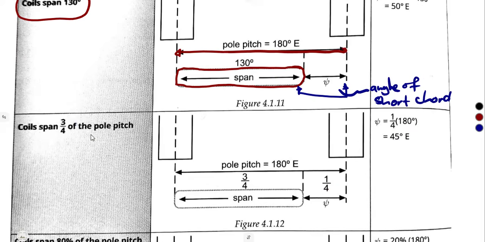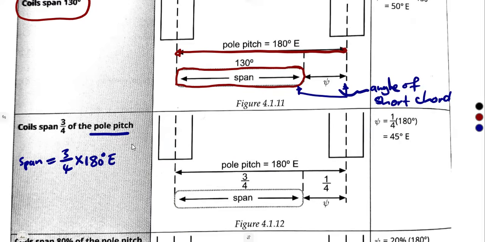Pole pitch. Our pole pitch is always 180 electrical degrees. They can say 1/5, 4/5, whatever fraction you're given there.